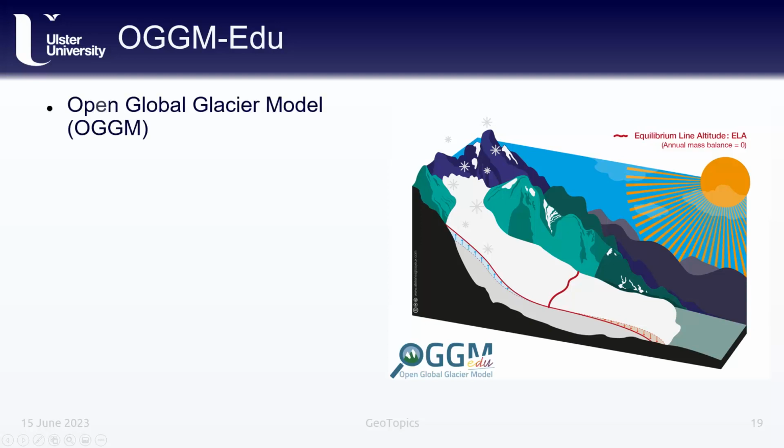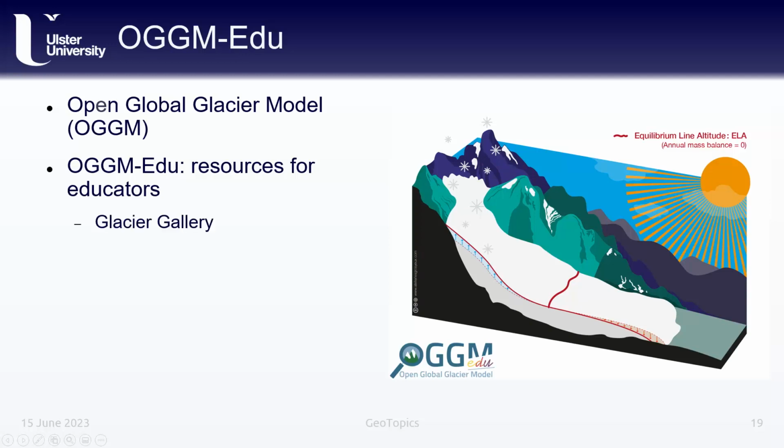This started as a glacier model, the Open Global Glacier Model, or OGGM. And they have put together a lot of very cool resources for educators on their website, including a glacier gallery where you can go and look at pictures and other information about different glaciers around the world. There is a glacier simulator where you can actually run your own glacier model, see how different changes in climate impact how glaciers develop.